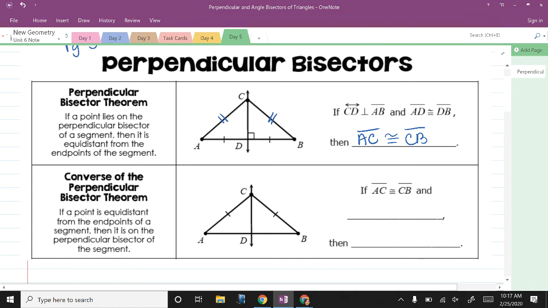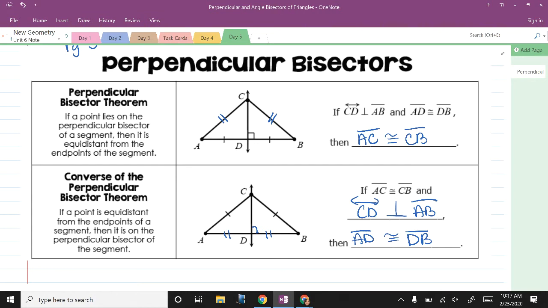So if AC is congruent to CB, and CD is perpendicular to segment AB, then segment AD is congruent to segment DB. So if it's equidistant to the endpoints, then these two little segments are congruent, and this is a right angle. And if these two segments are congruent, then these two segments are congruent.